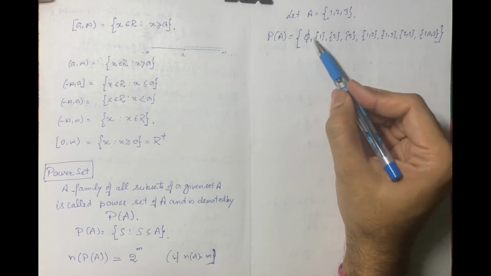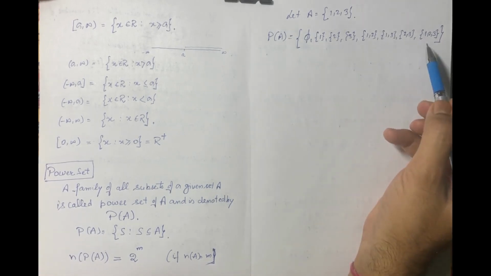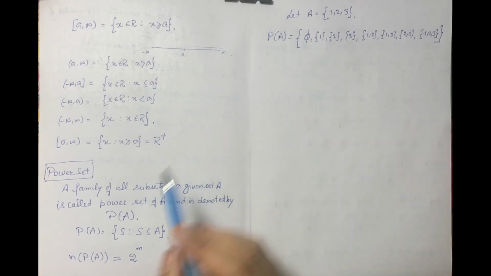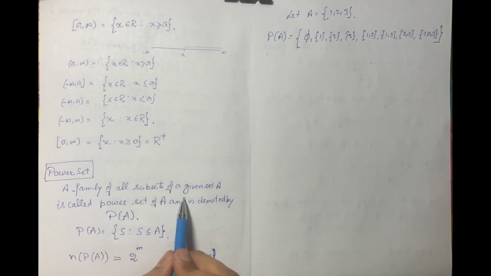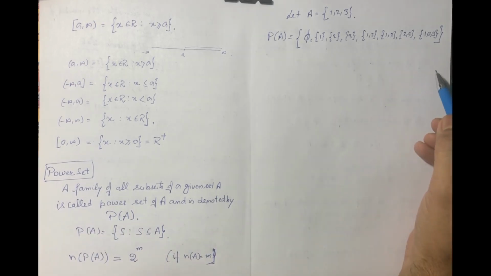We will count them 1, 2, 3, 4, 5, 6, 7, 8. So all the 8 subsets are written here. So this is called power set of A. Again we will apply the definition, family of all subsets of given set is called power set. And the number of elements is 2 power m.